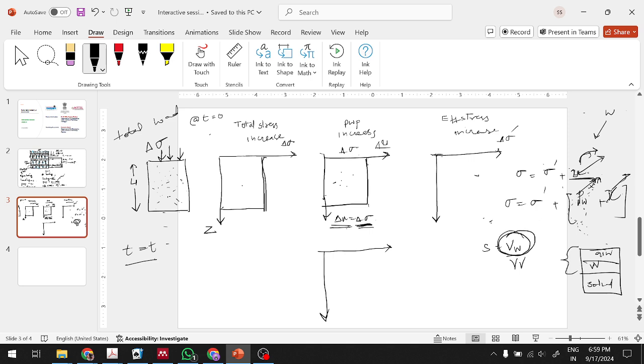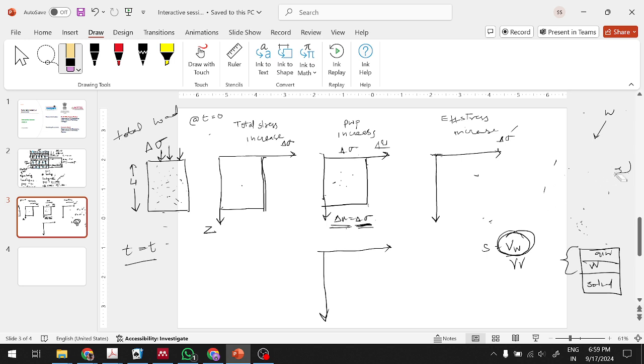And then we will take suction pressure, multiply it with 1 minus saturation, for example. Are you understanding what I'm saying? That is a different concept of totally unsaturated soil mechanics, in which we have to take some more constraints.